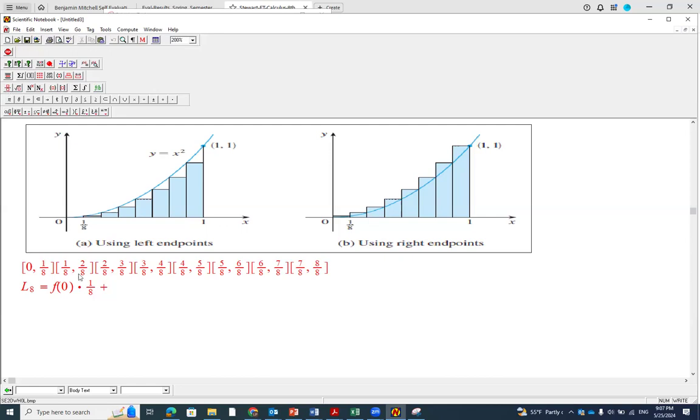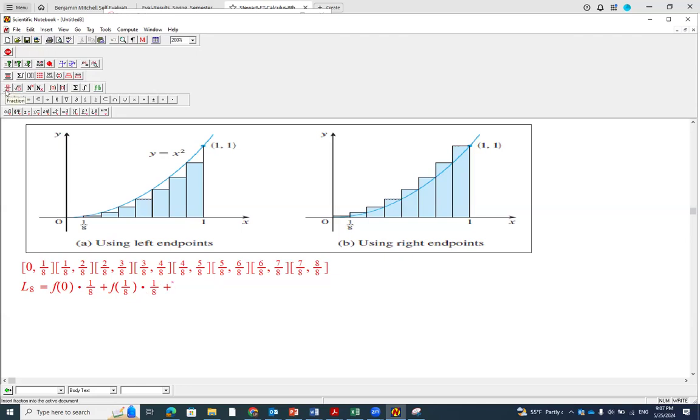The second one, we choose the left endpoint, f of 1/8, multiplied by the width, which is 1/8. We're going to have 8 terms.